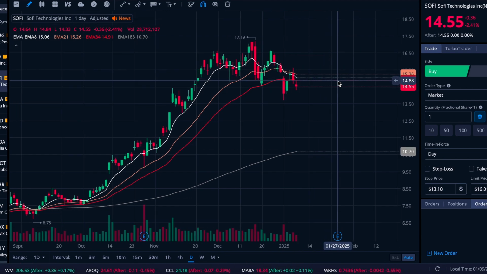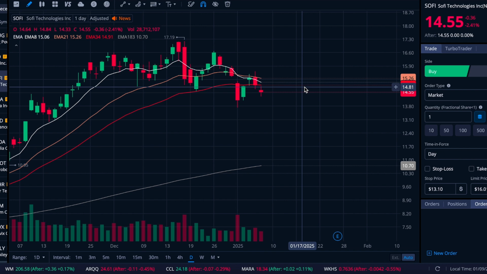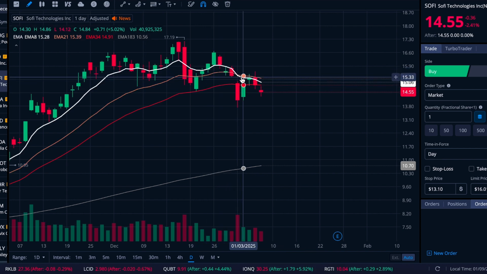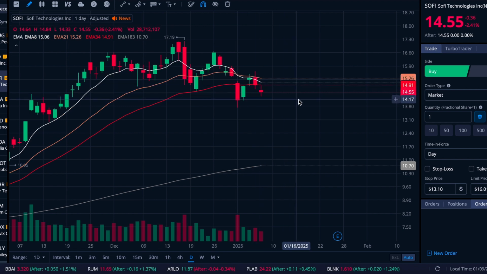if I were wanting to play SoFi to the downside, now would be about the time where I'd consider getting in, or maybe I start to get in little dribs and drabs, right? Because we have the 8 cross over the 21. What I'd really want to be looking for is the 8 to cross over the 34, which could happen any day now. Unless something happens and it gets a bounce back, it looks like it wants to happen.